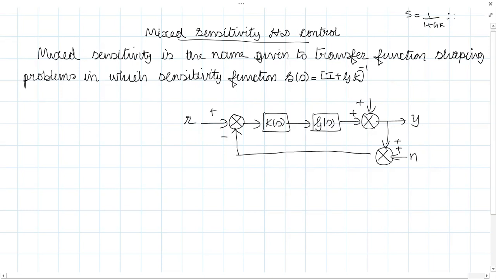And what was the complementary sensitivity T? GK divided by 1 plus GK. S plus T must be equal to 1. In the MIMO case, S of s will be (I plus GK) whole inverse.